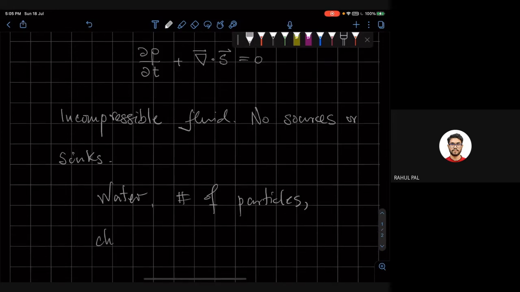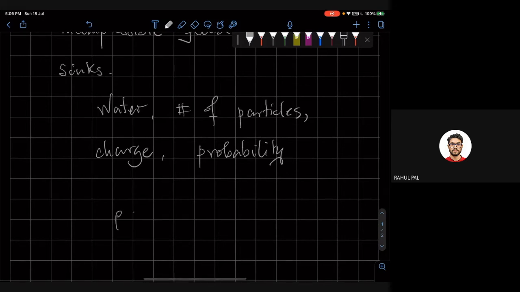Charge is another thing. And in the case of the Schrodinger equation, it's probability. Rho represents the probability density, which in quantum mechanics is given by psi star psi, a positive definite quantity.